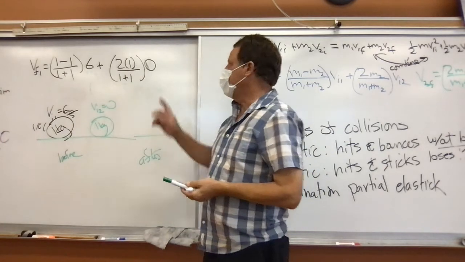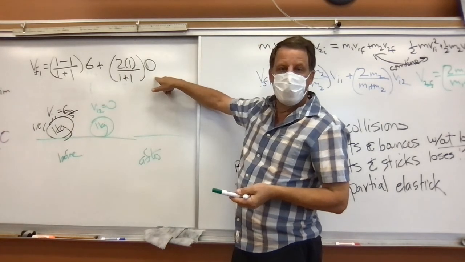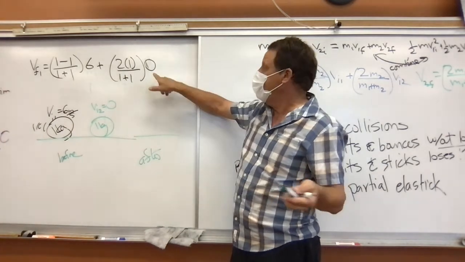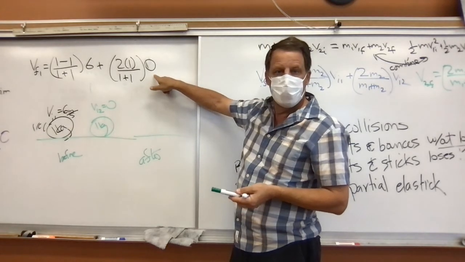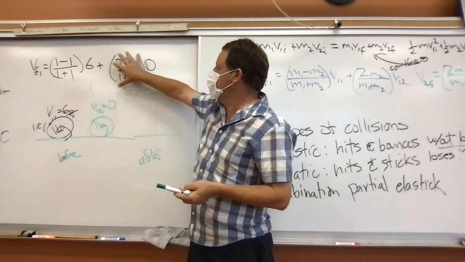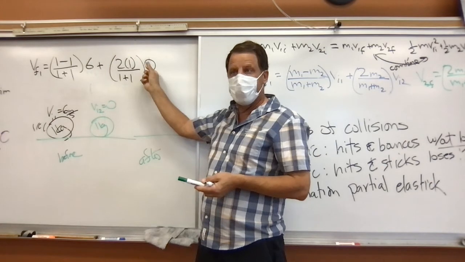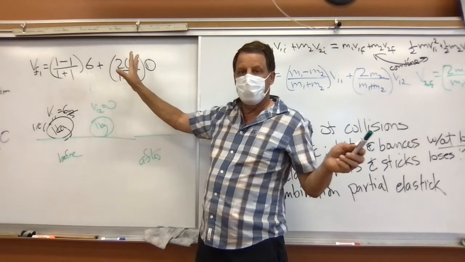Because the second ball had an initial velocity of 0, this whole part is going to go away, because anything multiplied by 0 just goes away.